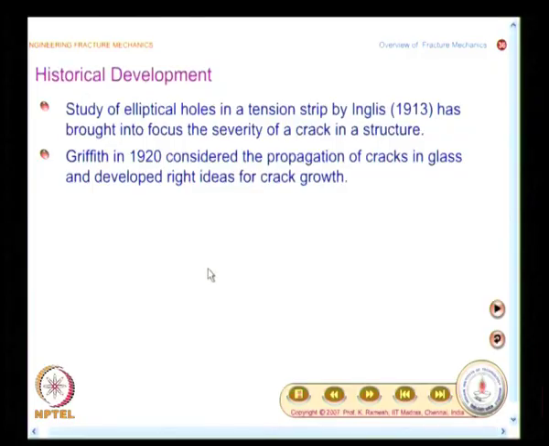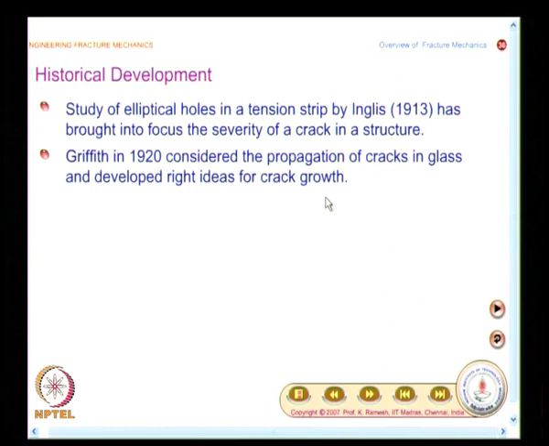In order to explain why structures remain with cracks, Griffith was able to come out with a theory that you need energy for the crack to grow. That was a contribution by Griffith in 1920. He was particularly interested in propagation of cracks in glass, and he could develop right ideas for crack growth.